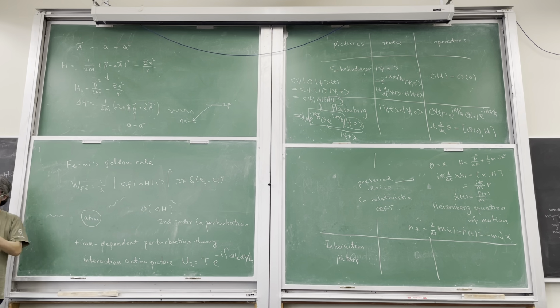And then you have separated these two pieces, one attributed to the operator, the other to the state. And this actually turns out to be a very good way of developing perturbation theory. But of course here, I ignored the fact that delta H and H naught may not commute with each other.